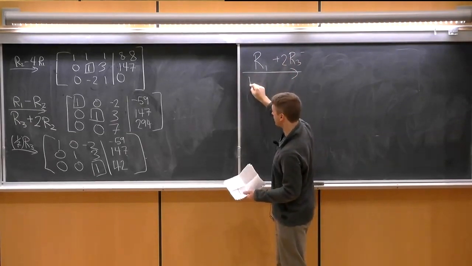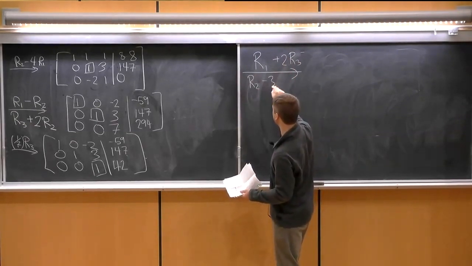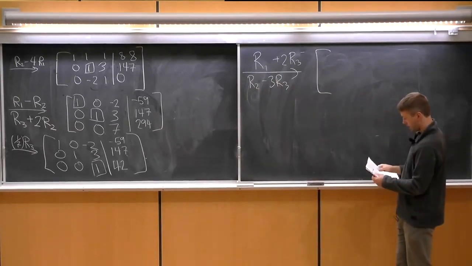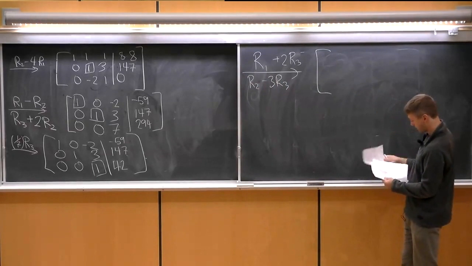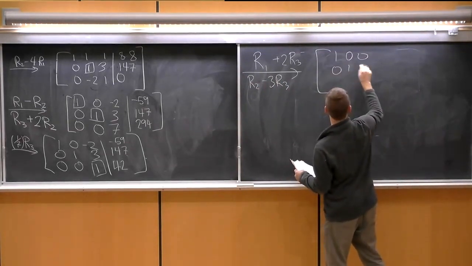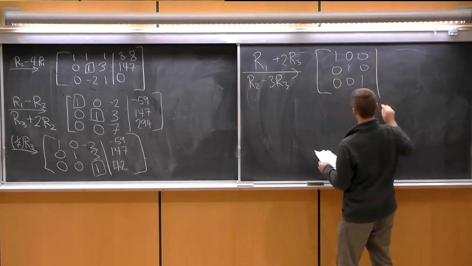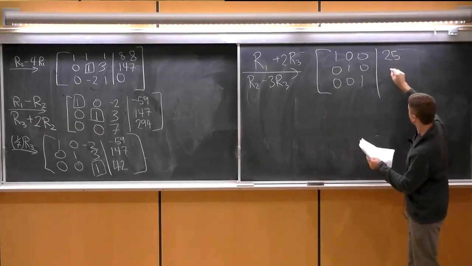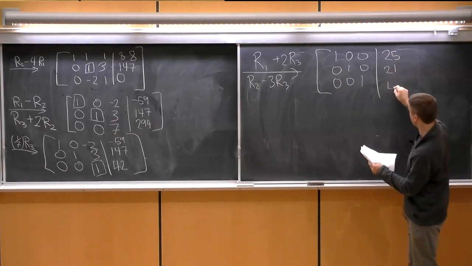I'm also going to do row 2 minus 3 row 3. Okay. This ends up as 25, 21, and 42.